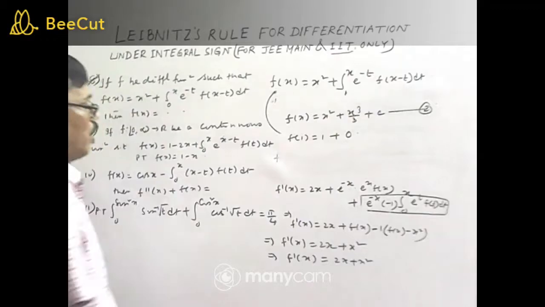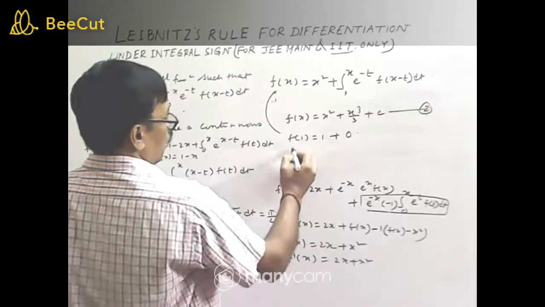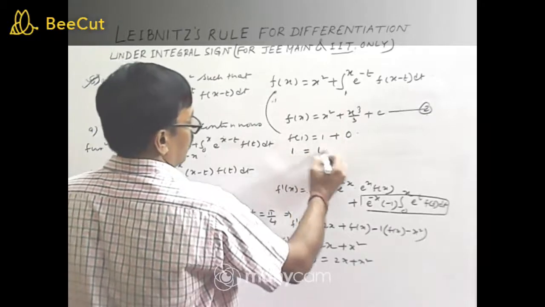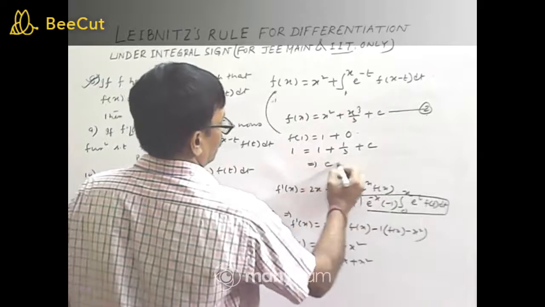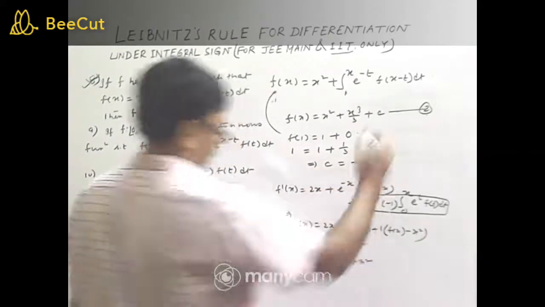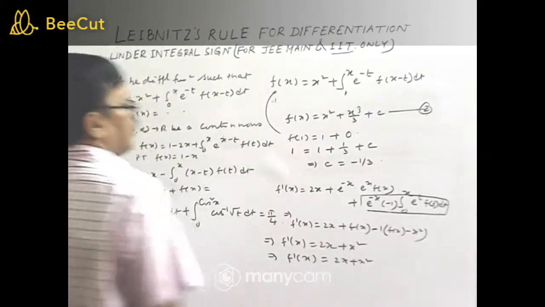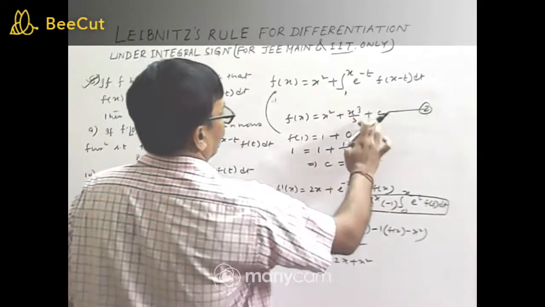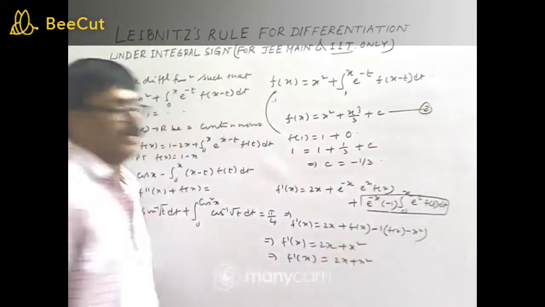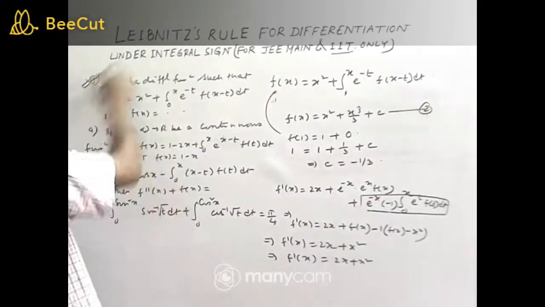So what is f(1)? f(1) is 1. So from 2, 1 equals 1 plus 1 by 3 plus c. So c equals minus 1 by 3. So what is our f(x)? f(x) is x square plus x cubed by 3 plus c. Putting the value of c, we get the value of f(x). So this is problem number 8.